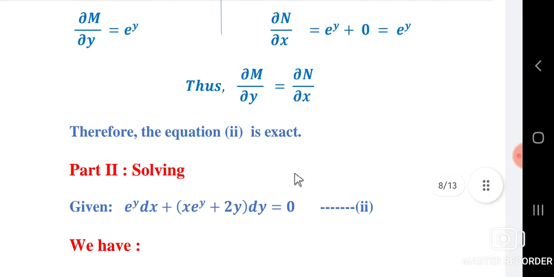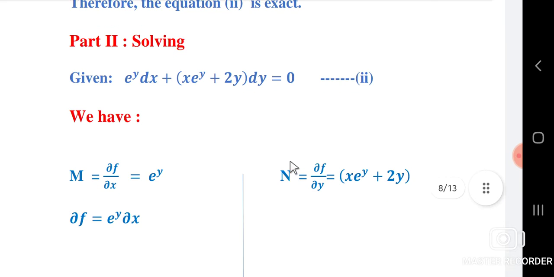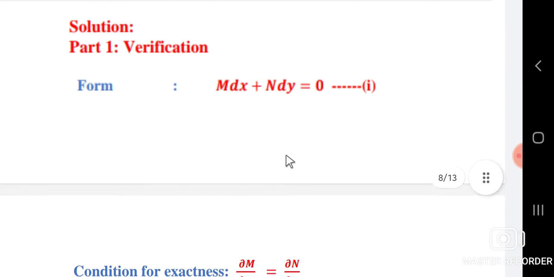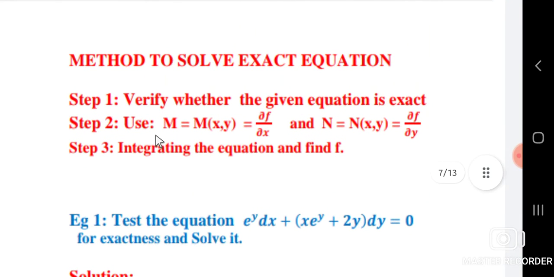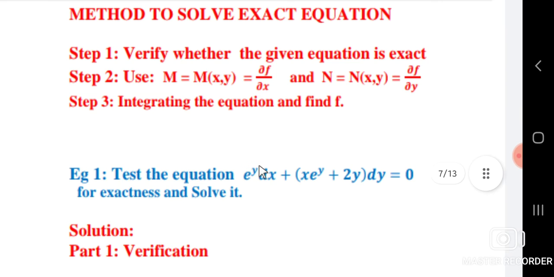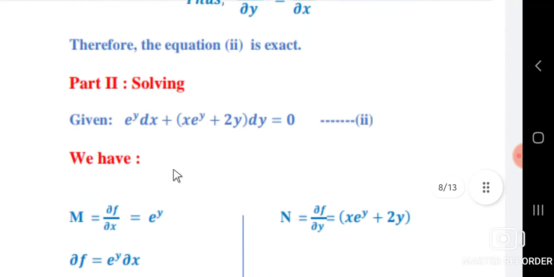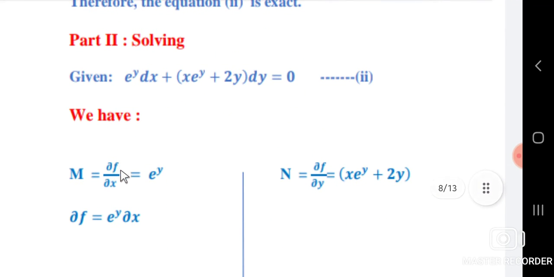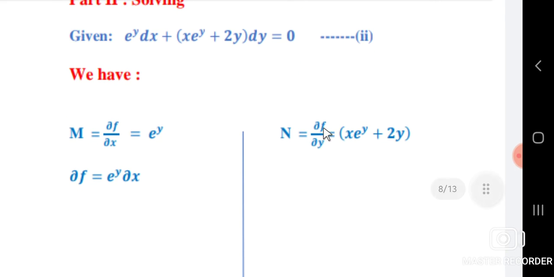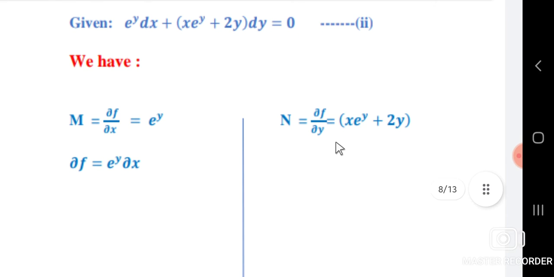Next we are going to solve this equation. As I said earlier, we have to follow three steps. The second step is setting M as dou f by dou x and N as dou f by dou y. As we know M and N, so we write M is equal to dou f by dou x, that is equal to e power y, because M is equal to e power y, and N is equal to dou f by dou y is equal to x e power y plus 2y.